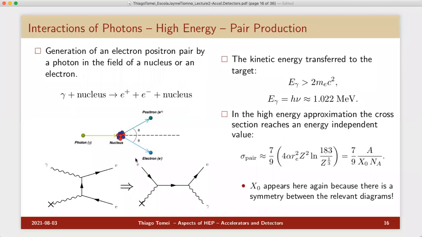This symmetry, of course, has a mathematical definition, but just notice that these diagrams are the same, just flipped 90 degrees. So, of course, a photon interacting with an external field and giving 2 electrons has a relationship with an electron interacting with an external field and emitting a photon in the Bremsstrahlung process.